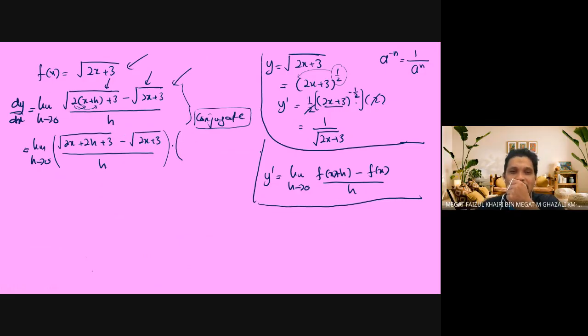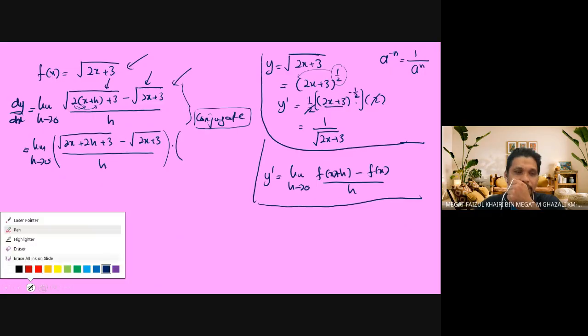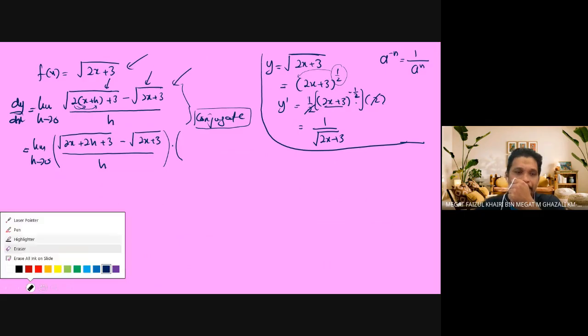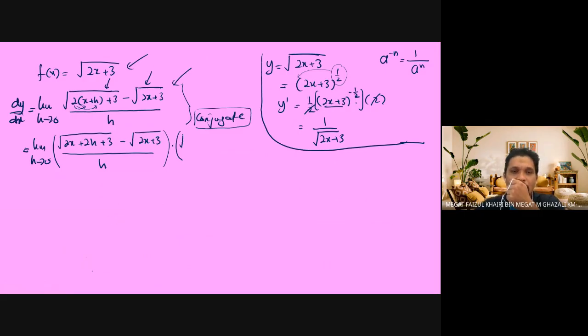So then here now, square root of (2x + h + 3) plus, negative then positive here, square root of (2x + 3), divided by square root of (2x + h + 3) plus square root of (2x + 3).